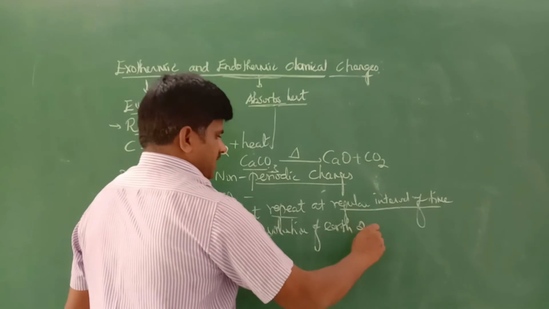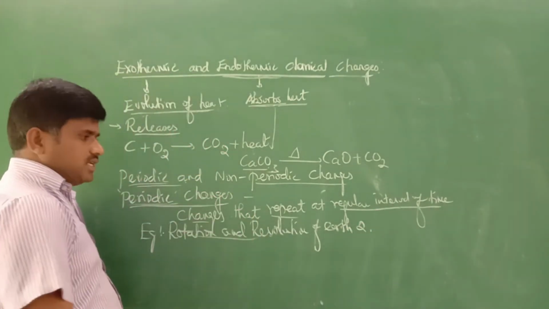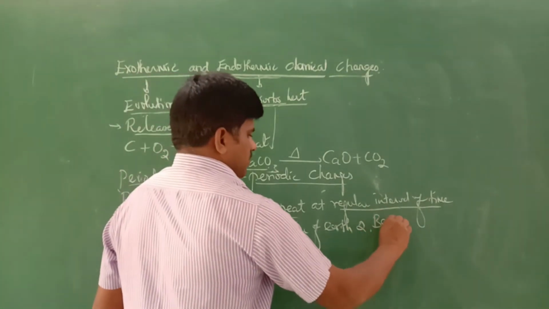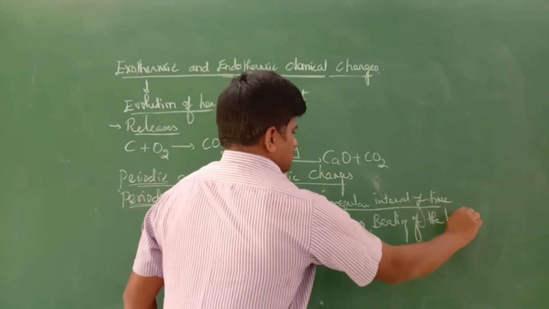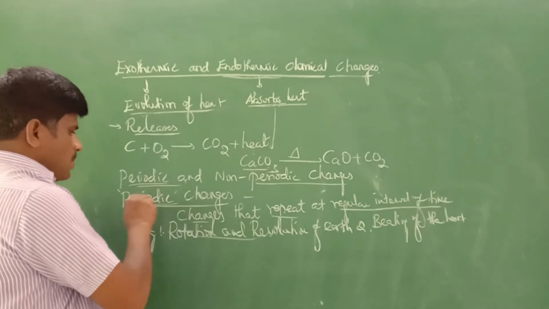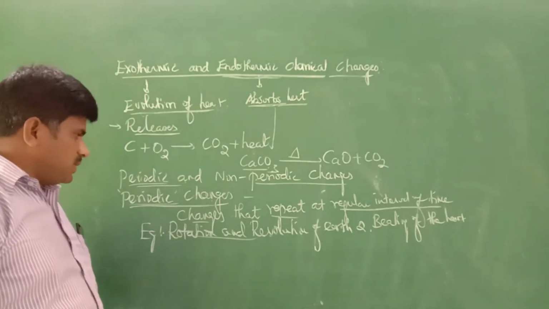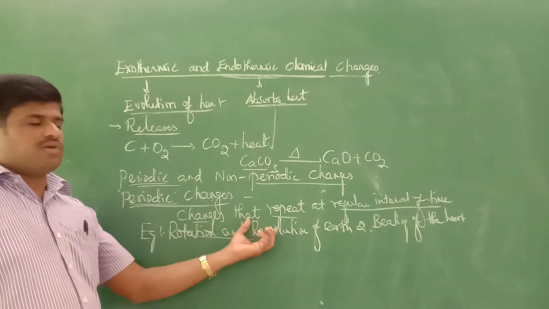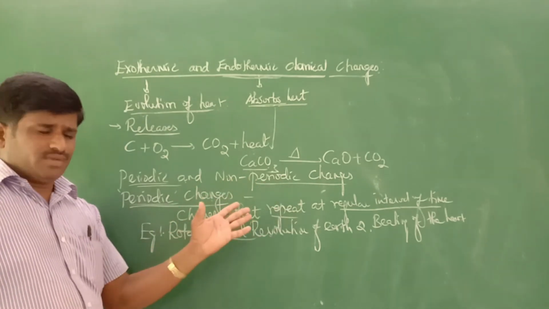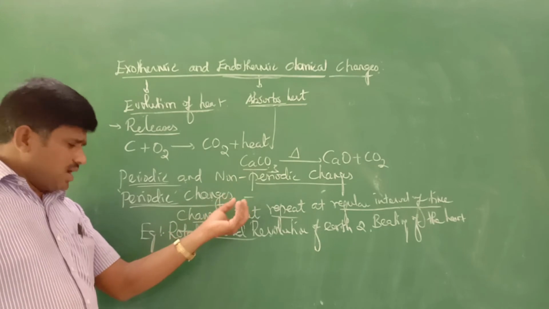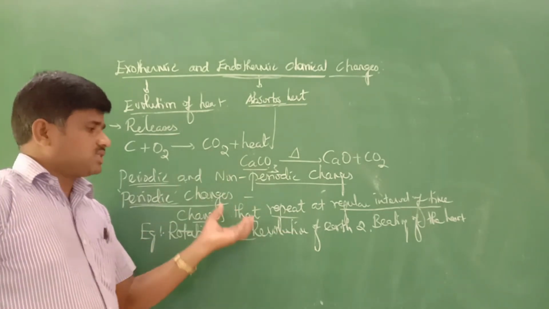When we go for the second example, that is beating of the heart. These are the two examples for the periodic changes. The first example is rotation and revolution of the Earth. This happens at regular interval of time. At definite interval of time, the rotation takes place as well as revolution.